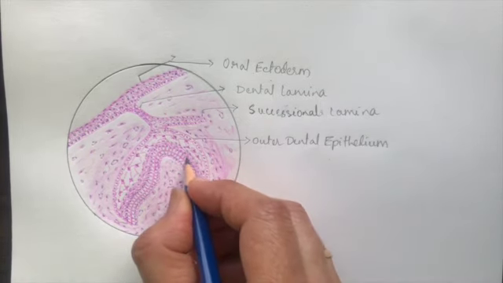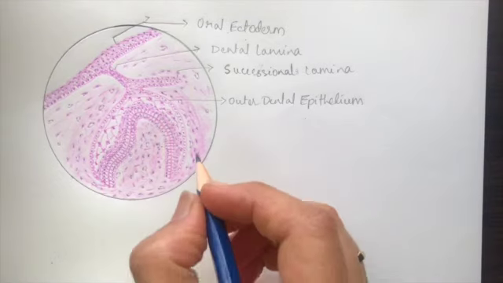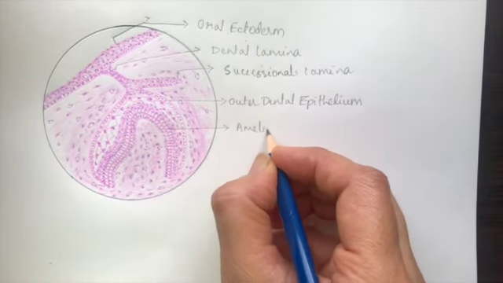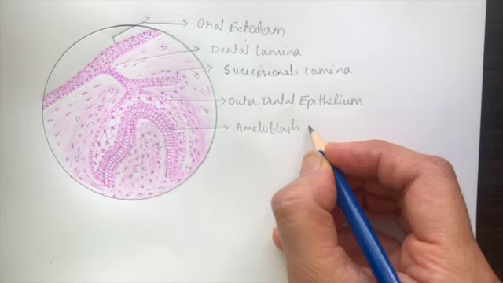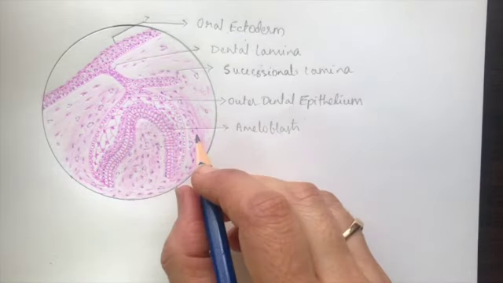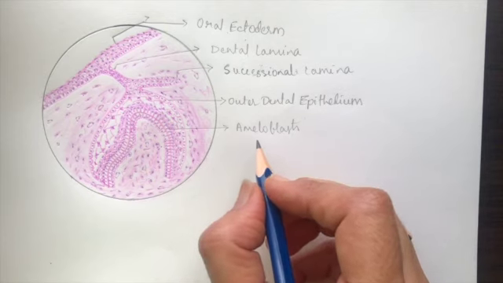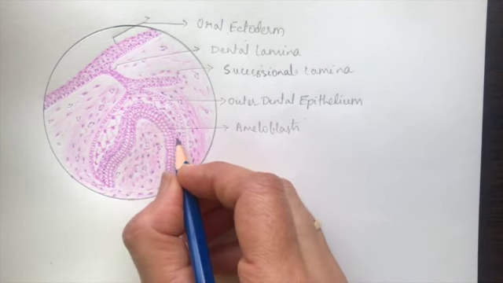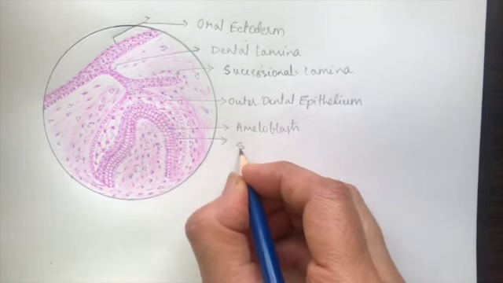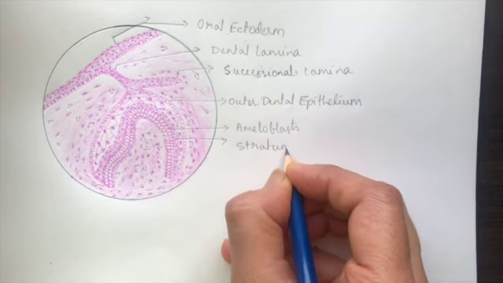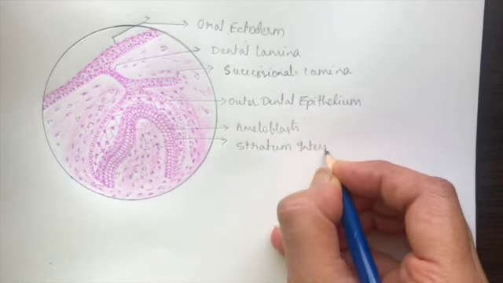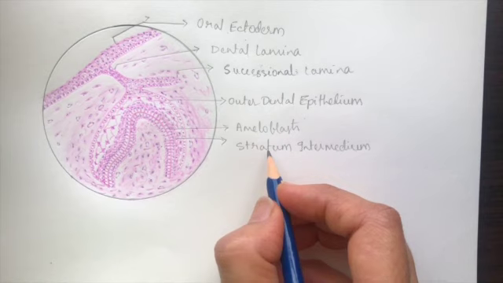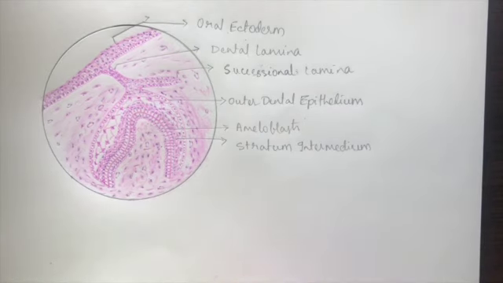Then we have the ameloblast cells. In the early stages of early bell, we have these inner enamel epithelial cells or the inner dental epithelium turning into ameloblasts, and this layer sitting on top of ameloblasts are the stratum intermedium cells, which are high in alkaline phosphatase, and they help ameloblasts in the formation of enamel.